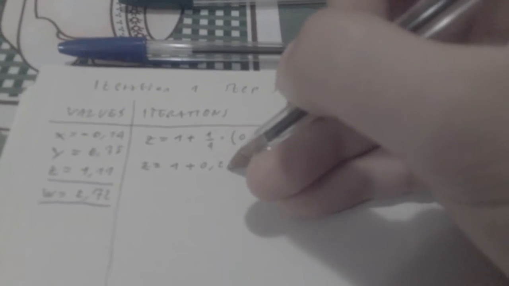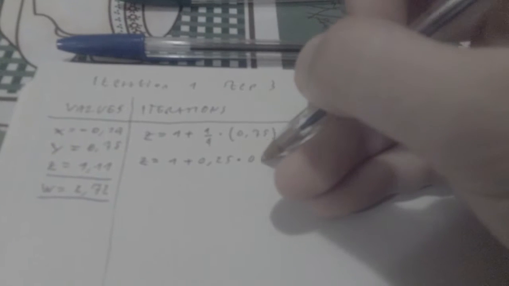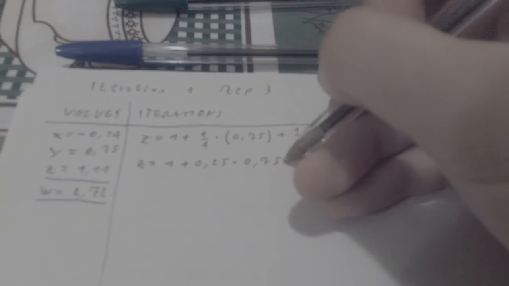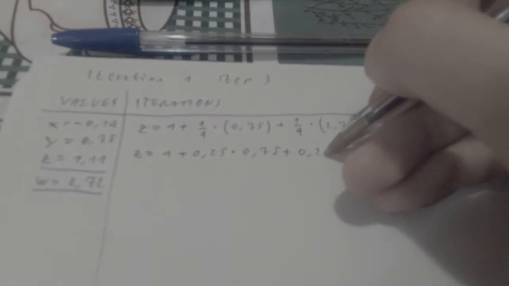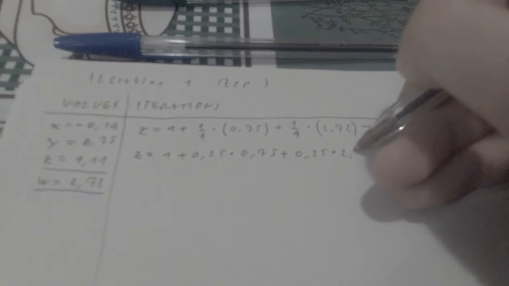Okay, so our z is going to become 1 plus 0.25 times 0.75 plus 0.25 times 2.72.